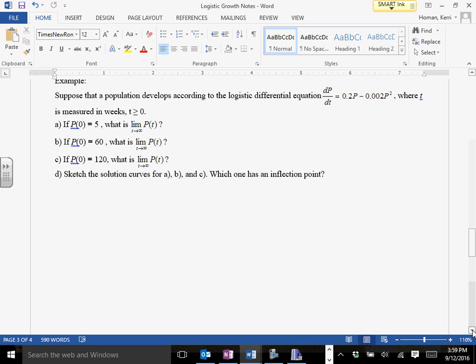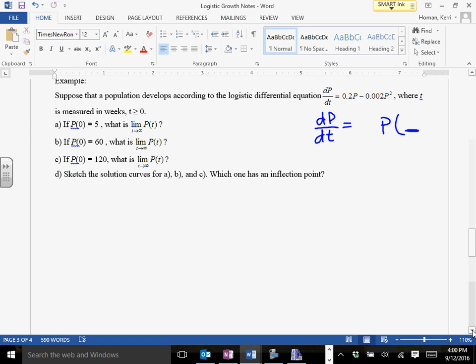Okay, so here we have a population according to the logistic differential equation. Notice how this does not look like K times Y times the quantity L minus Y. So we need to get it to look like that before we go any further. So not only do we need to factor out a P, but we also want whatever is right here to just be an L value.